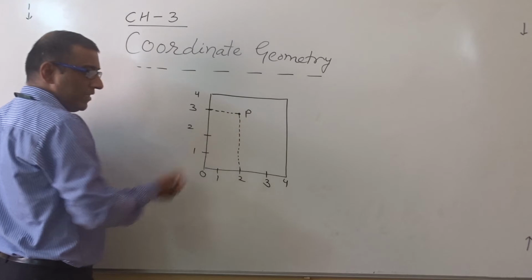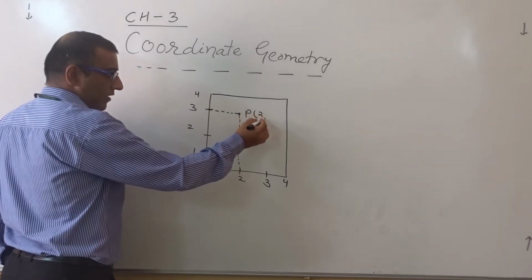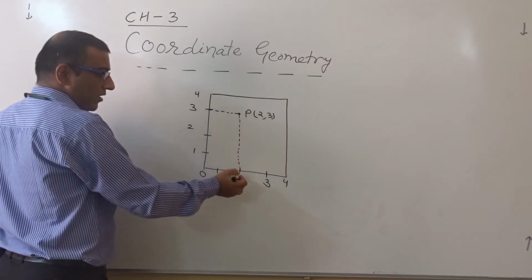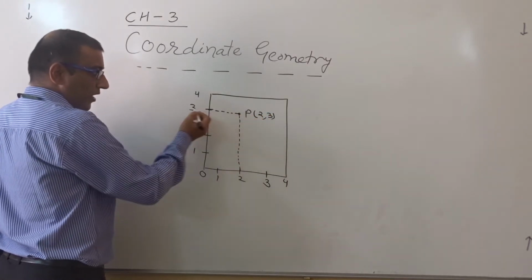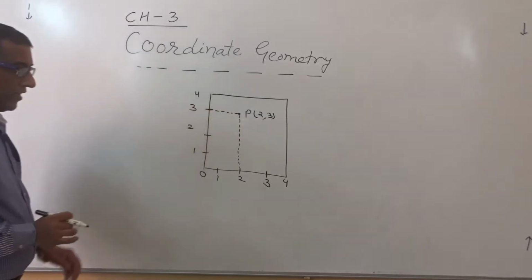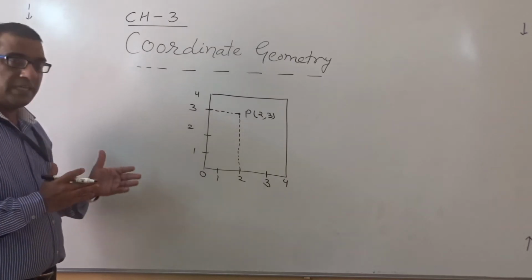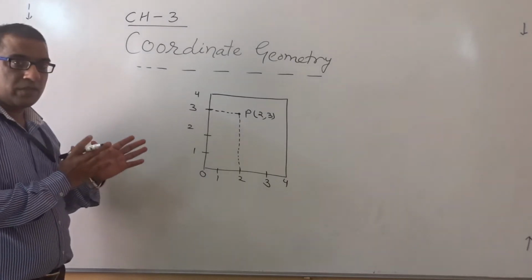We can say this is a point P and it is related, from this side this is 2 and from this side it is 3. It means if you take 2 dimensions, then you can easily see the location of this point.